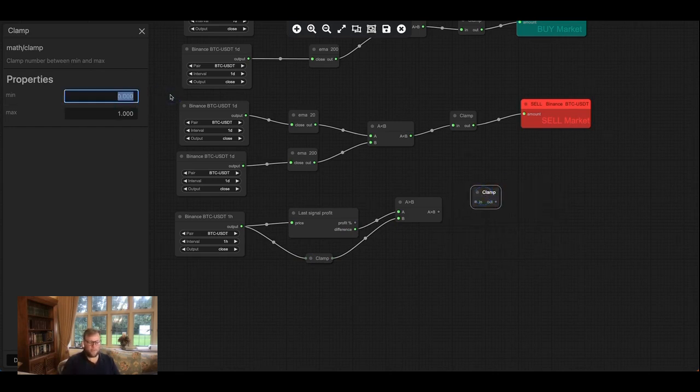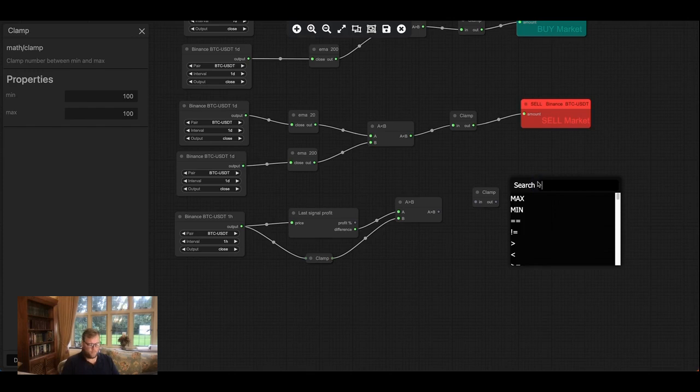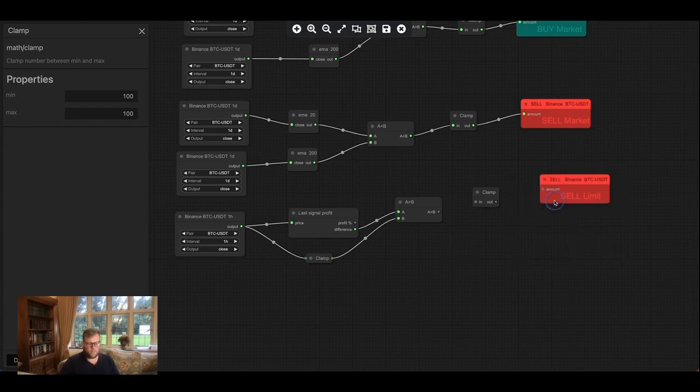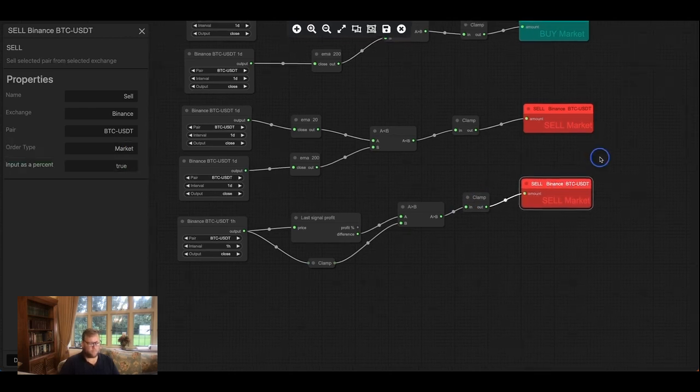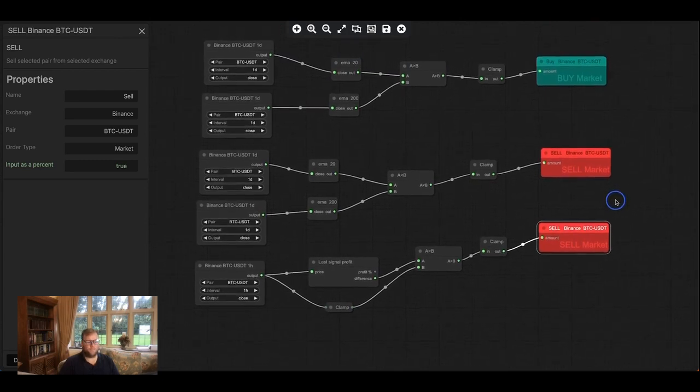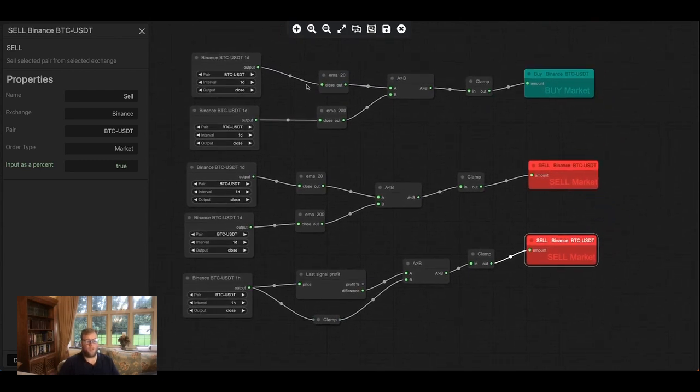And we will also sell 100%. Again, we're going to set that to market and true. And that's my stop loss. So now that we've done that, we're going to save it and we're going to test it.